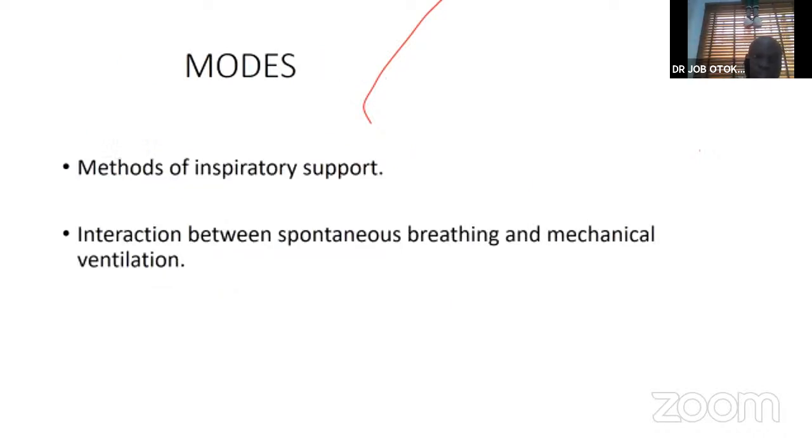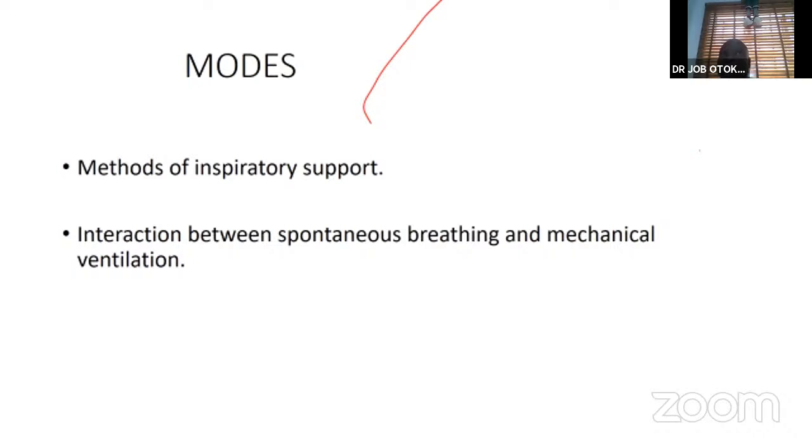Let's quickly run through the modes. Modes basically define the interaction between the spontaneous breaths. Spontaneous breath is just every effort the patient makes on its own. That is spontaneous breath. And then what is delivered by the machine, that's what defines a ventilator mode.